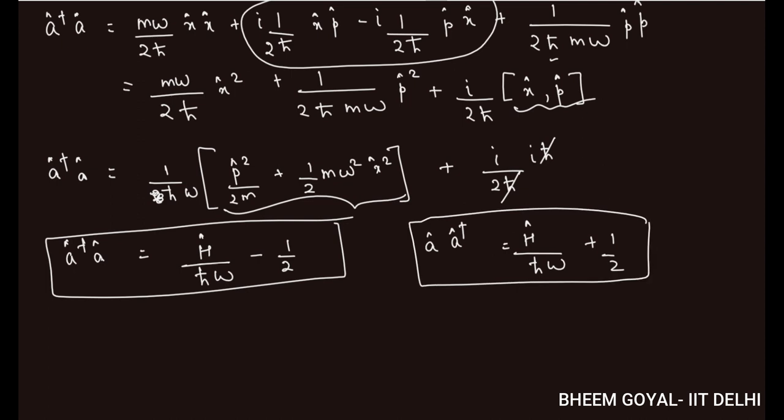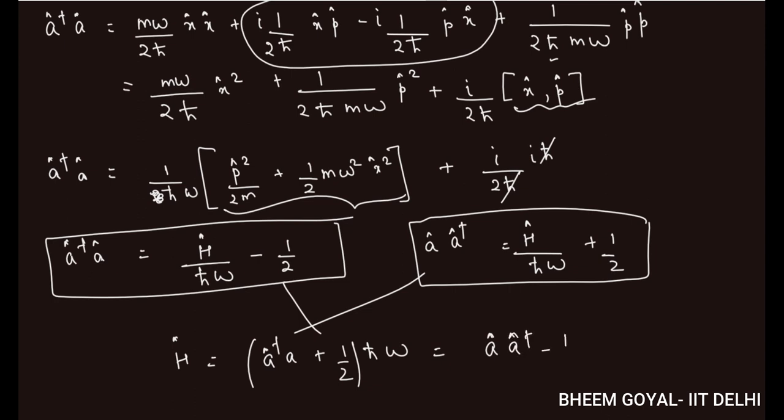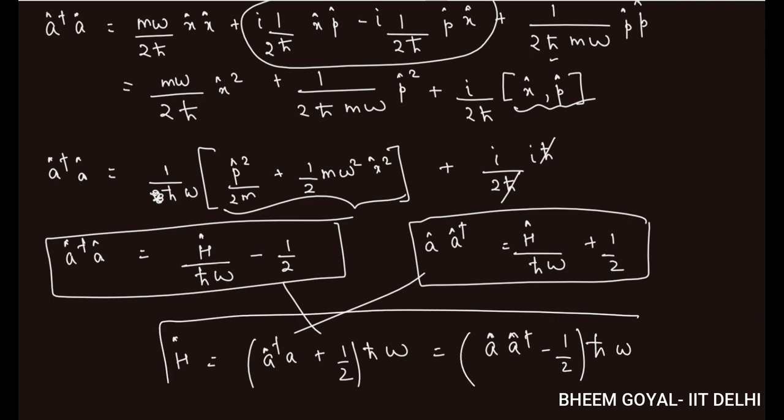So from both I can always write the Hamiltonian as a dagger a plus half h bar omega, and this will be equal to a a dagger minus half h bar omega.